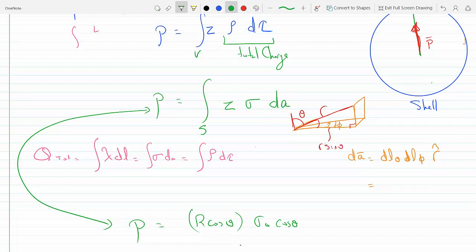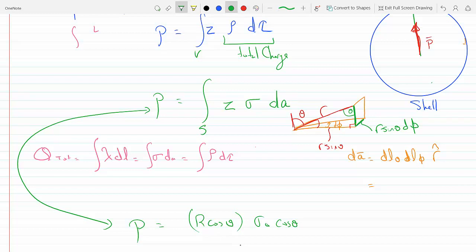So this piece here, the area of this, will be r sine theta d phi, and then this piece here is just r sine theta d phi, right? Sorry, this is r, so this is theta, which would make this r sine theta.